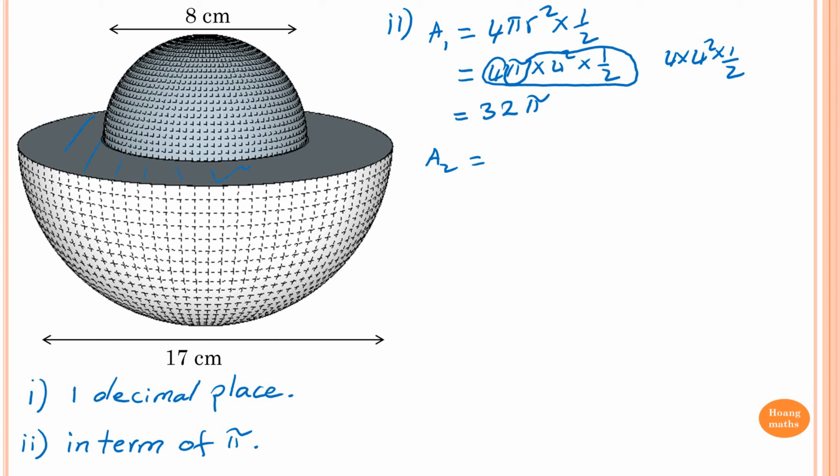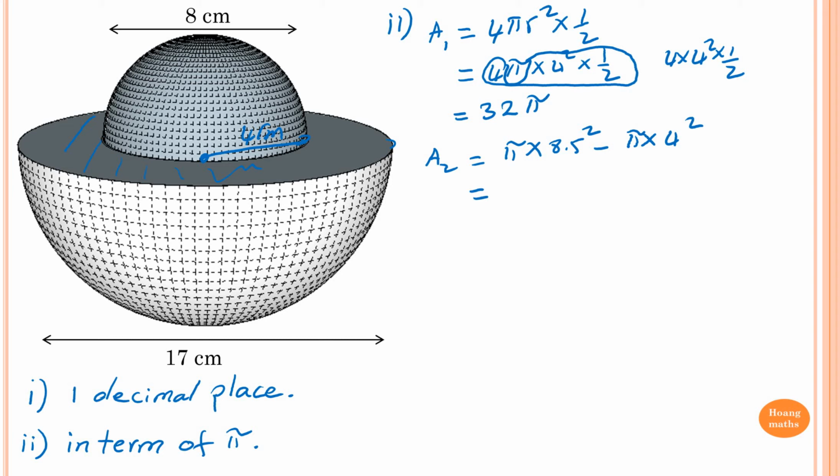So it is pi times the larger circle's radius, from here to here, which is 8.5, so 8.5 squared, minus pi, the area of the smaller circle, from here all the way here, which is 4 centimeters. So pi r squared, r is 4, so 4 squared.